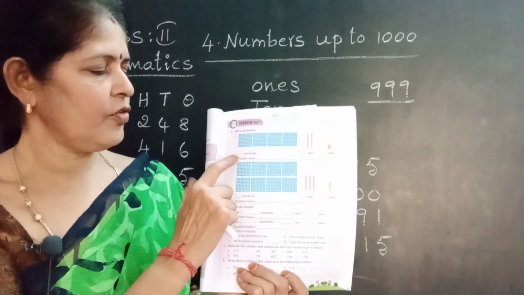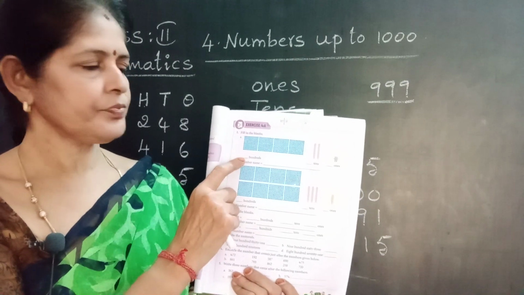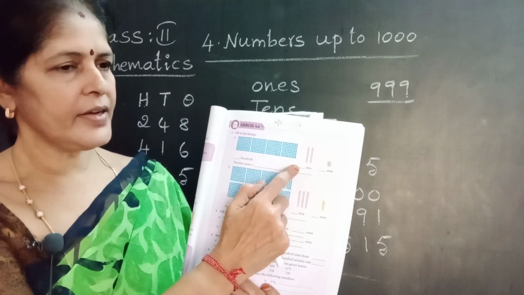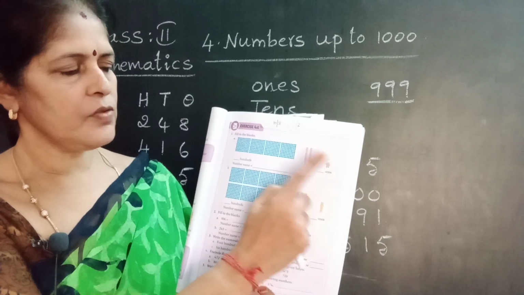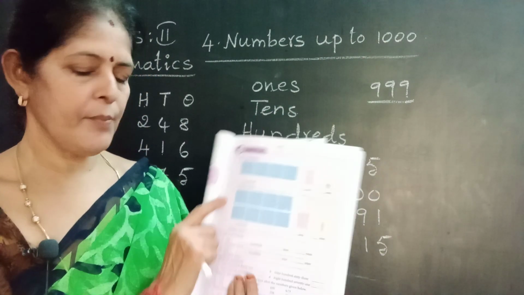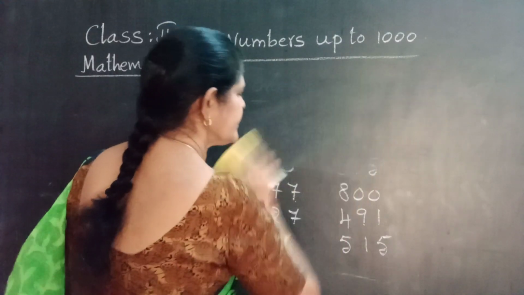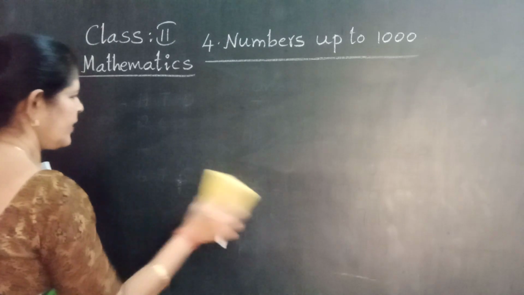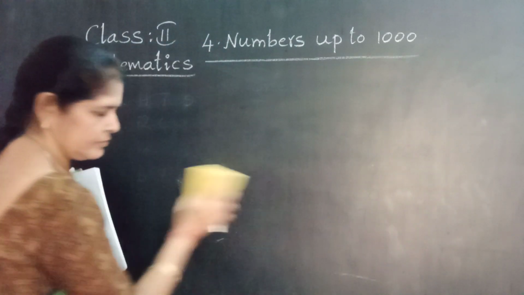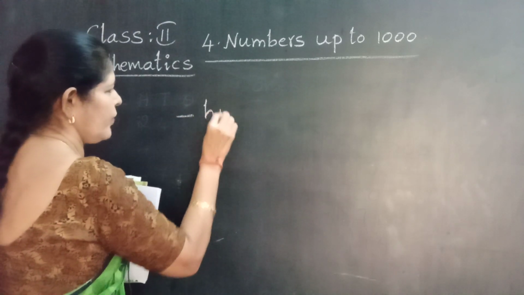Simply write number 4 in the blank of hundreds. Now come to tens. 1 2. Write number 2. Come to ones. 1. Write 1. What is the number, children? Come on, tell me. How many hundreds? How many blocks are given?